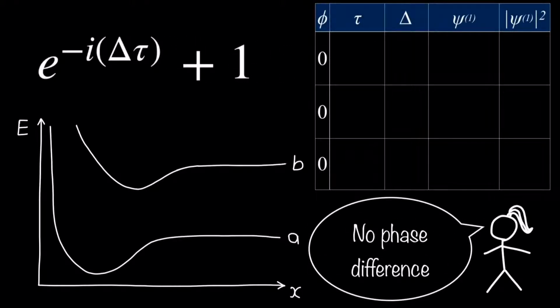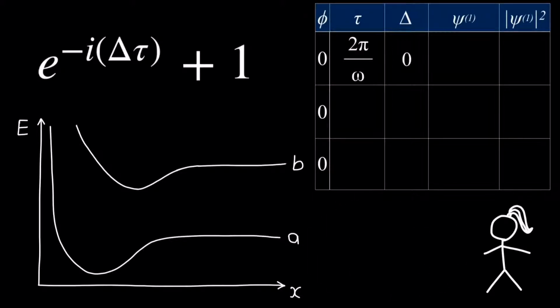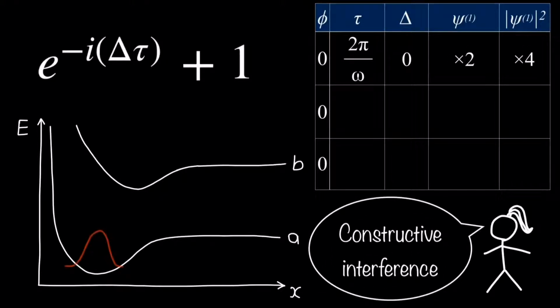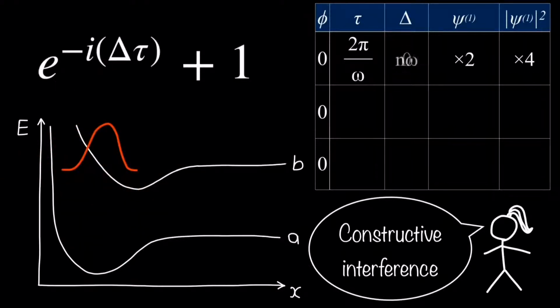If we make our time delay the same as the period of oscillation of the excited potential and have 0 detuning, we see that the amplitude is going to double and therefore the population is going to quadruple. The first wave packet oscillates once during the time delay and constructively interferes with the second on returning. Equivalently, 0 detuning means delta is just an integer of the level spacing.